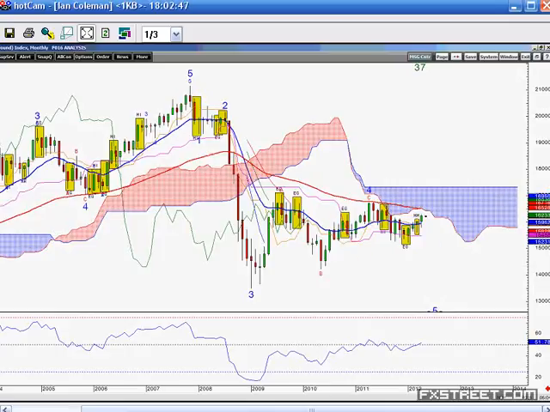This is, without a shadow of a doubt, a consolidation period, but it's a very large consolidation period. If we just note here, we put our trend channels on. We've got a consolidating triangle formation.